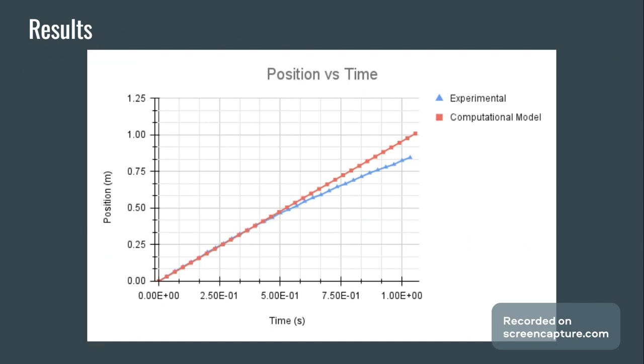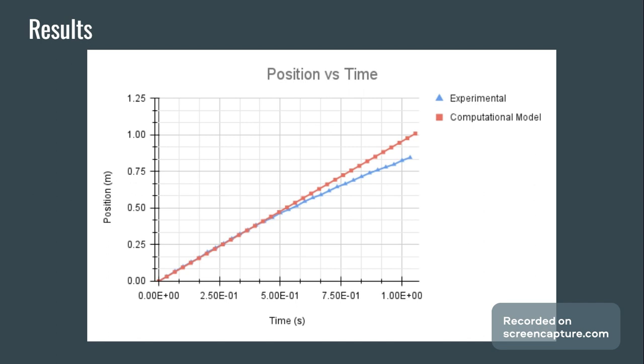And then around 0.05 seconds, you can see the lines begin to split, where the experimental model, which was shown in blue, begins to have a negative change in slope, whereas the computational model, shown in red, continues the linear path, which makes sense because the yarn ball in the experimental model would experience friction from the carpet, meaning the net force acting on the model would not be zero. And the computational model is in idealized surroundings, so the ball would continue moving linearly with no change in slope.